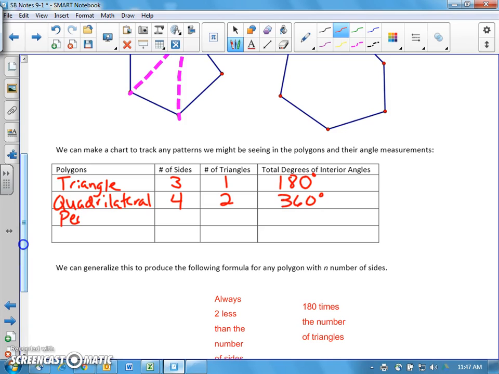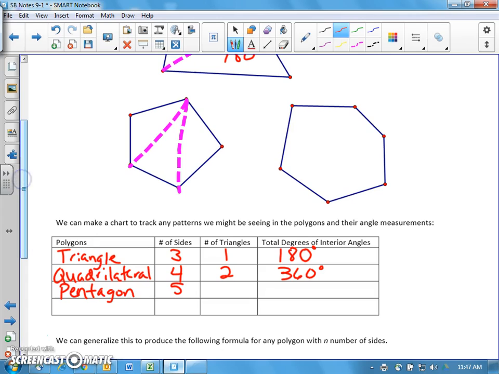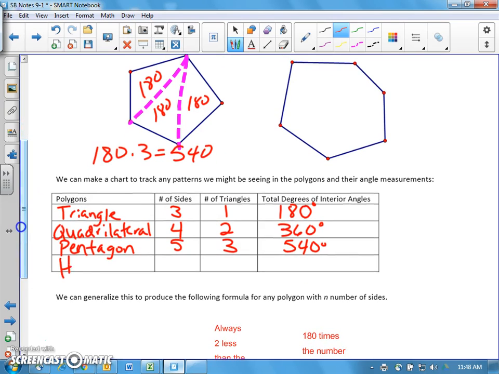So our next one would be our pentagon. A pentagon has 5 sides. And if you look at your pentagon here, we have 1, 2, 3 triangles. 3 times 180 is 540. So we have 540 degrees. And our last one up here is a hexagon.